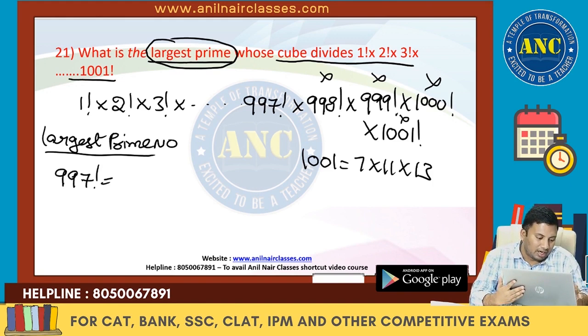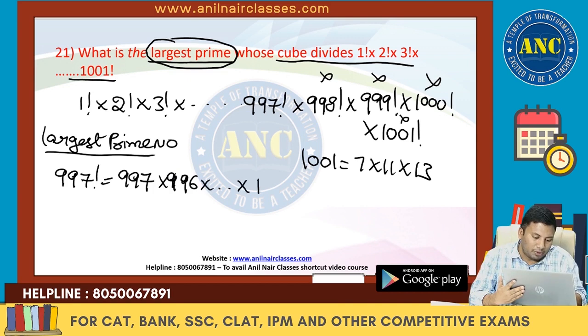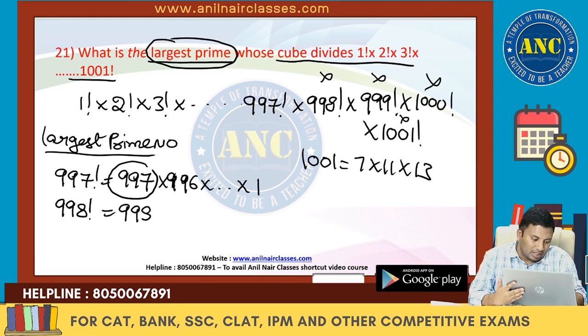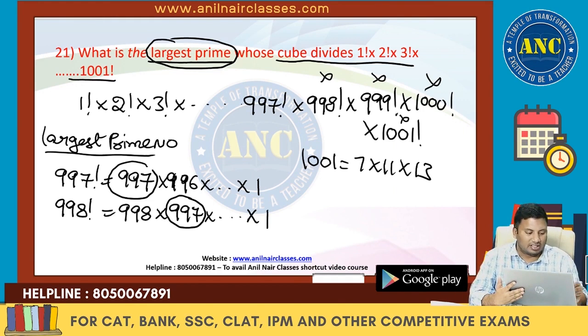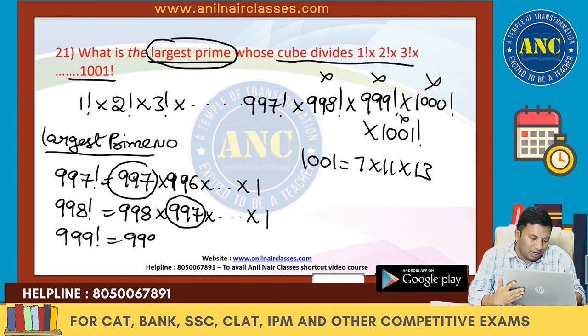997 factorial is nothing but 997, 996 and so on up to 1. Here 1 power of 997 is present. 998 factorial is nothing but 998 into 997 and so on up to 1. Here another power of 997 is present. 999 factorial is 999 into 998 into 997 and so on up to 1.